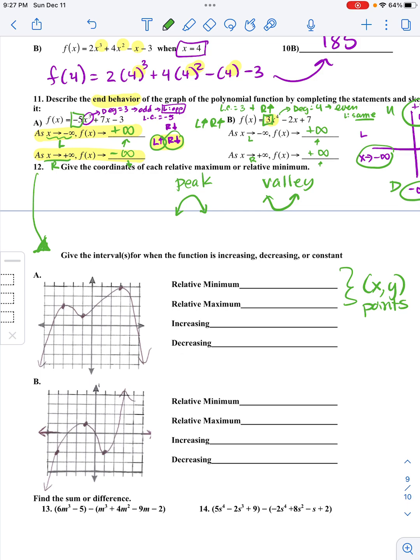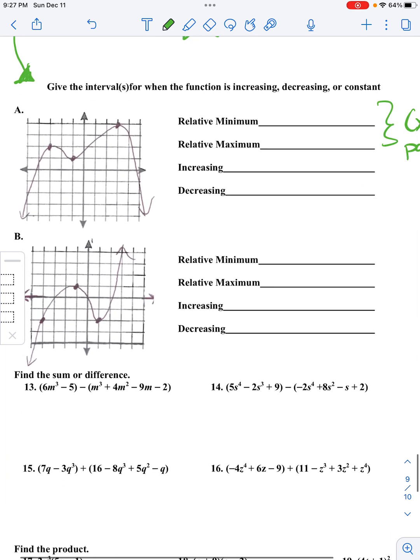All right, so let's give this a little try. Now keep in mind, if there are other points that are highlighted, it doesn't matter. I only care about the ones that are peaks or valleys. So this is going to be a max, and a min. Watch for the minimums, because I think on the test the maximums come first.